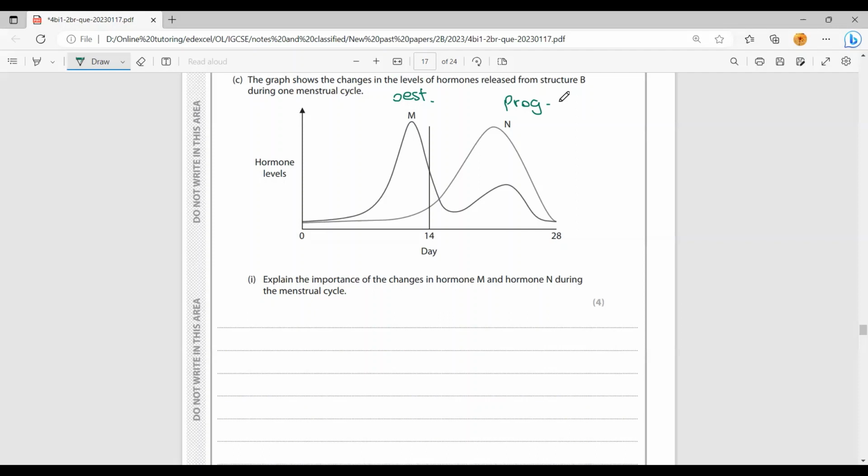Okay. But it says during the menstrual cycle, so you must mention when there is an embryo and when there is no pregnancy. Watch out, everyone: it says during the menstrual cycle, not during pregnancy. So you have to mention both.